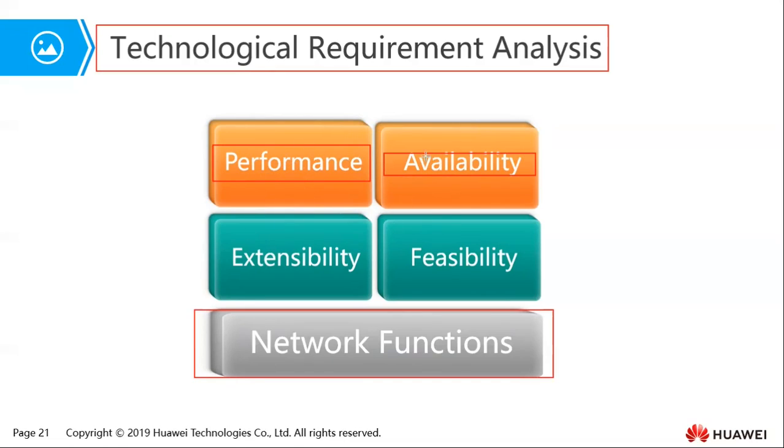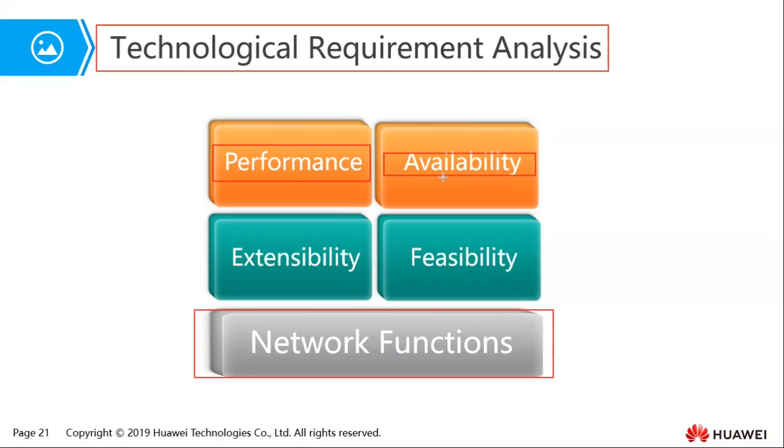Availability is the ratio of uptime to downtime. It indicates how tolerant your network is to network faults. Most of the time, we want to ensure that faults do not affect the operation of our network and interrupt services.